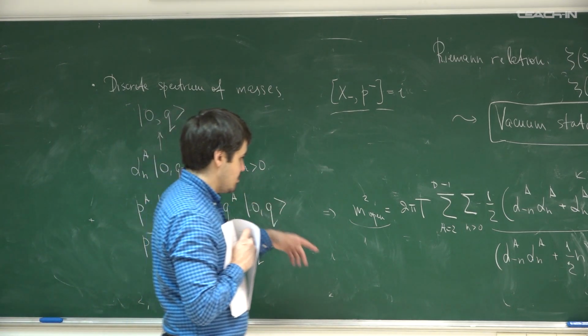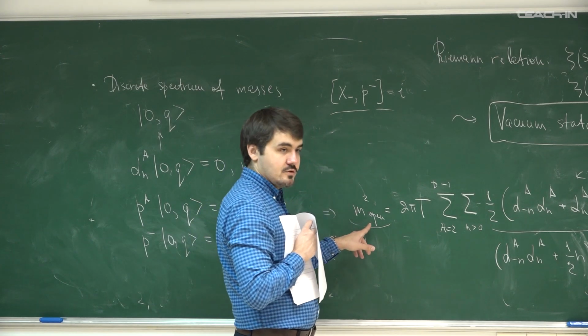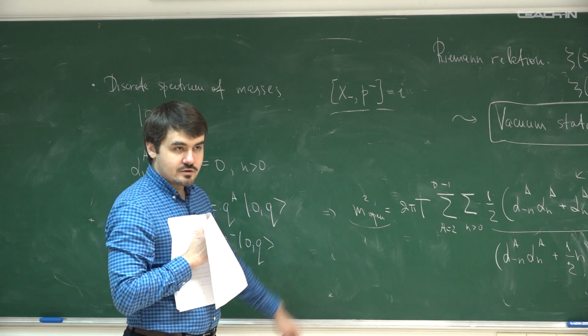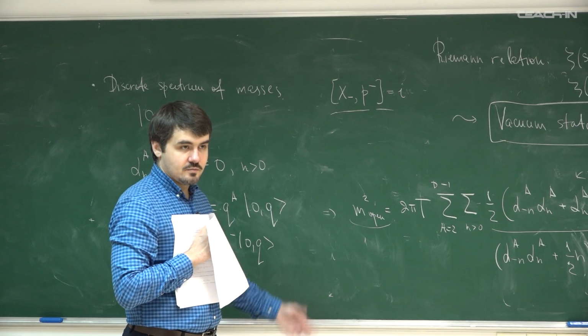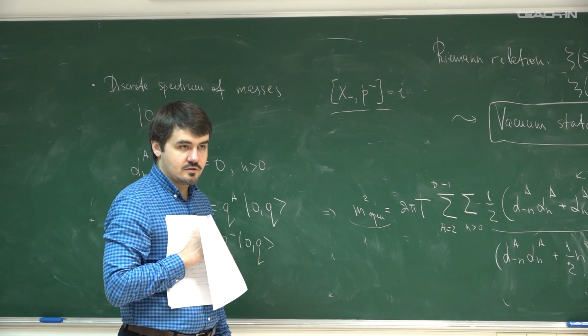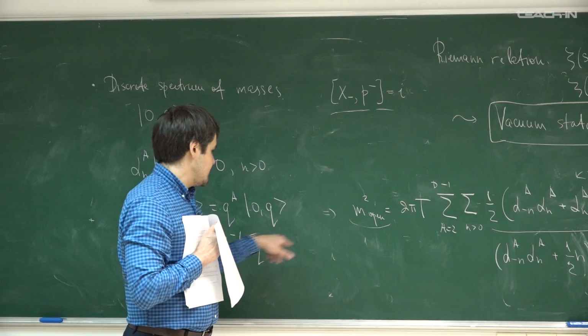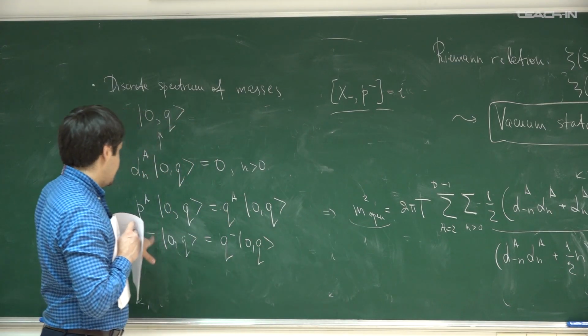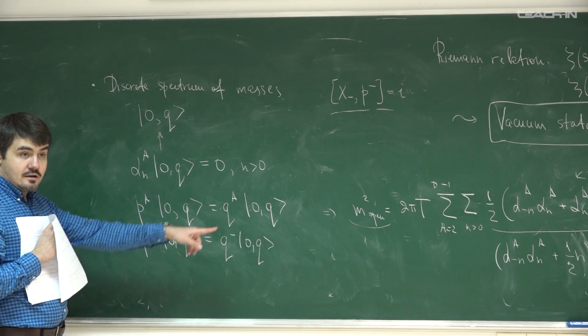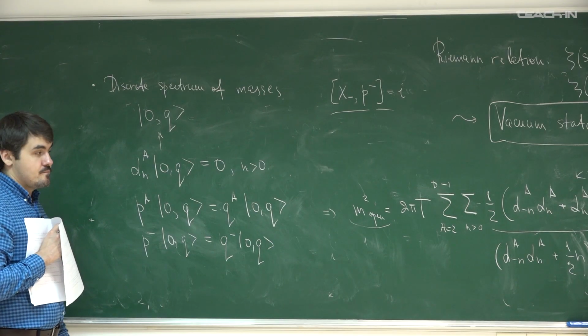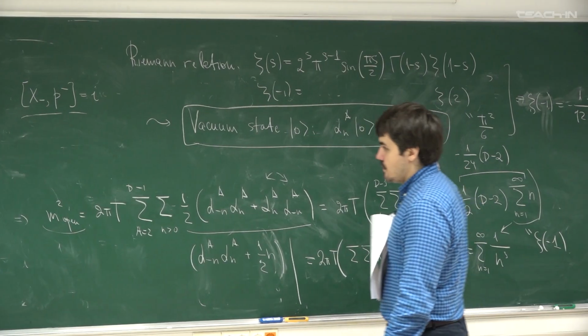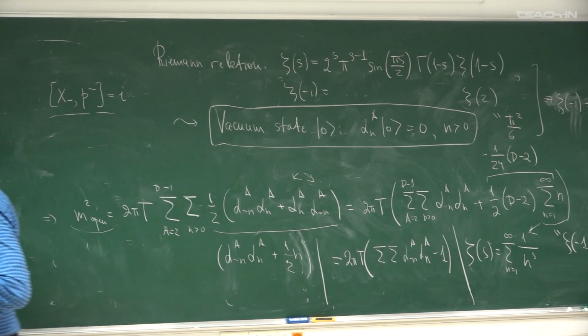And this component of the momentum is expressed through the relativistic dispersion relation, p squared plus m squared is 0. P plus can be expressed via p minus, p a, and the mass.